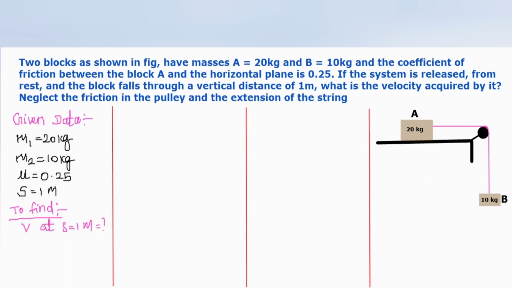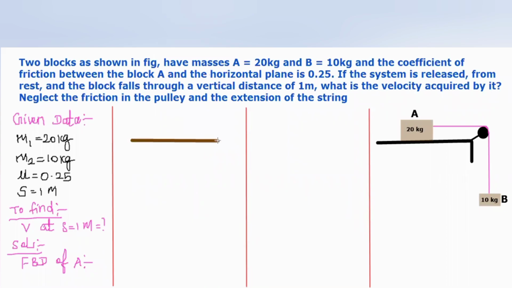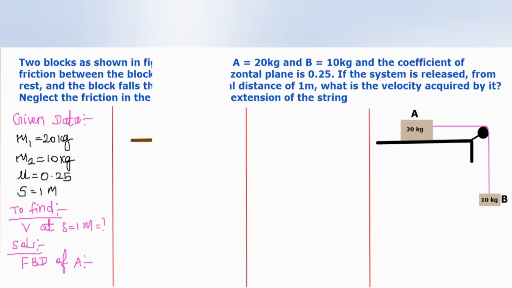Here, first I am going to consider the free body diagram of A. Free body diagram of the object A. Just consider the object A lies on the horizontal surface as we discussed.